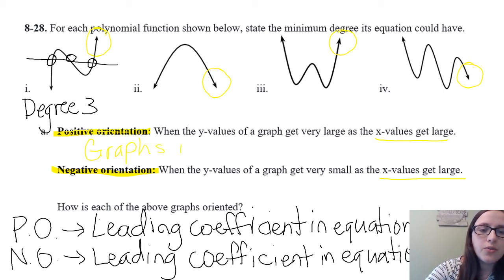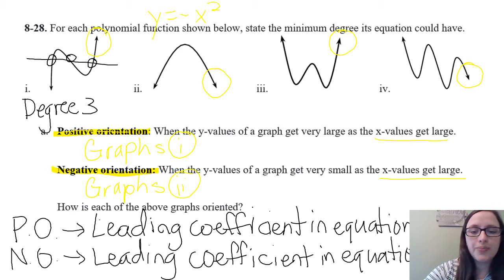So graph 1 would represent that. In the equation, we'd have a positive number in the front. Whereas in graph 2, that's opening down, so that would be negative orientation. In that equation, we will have a negative number in the front. So that one would look more like y equals negative x squared instead of positive x squared.